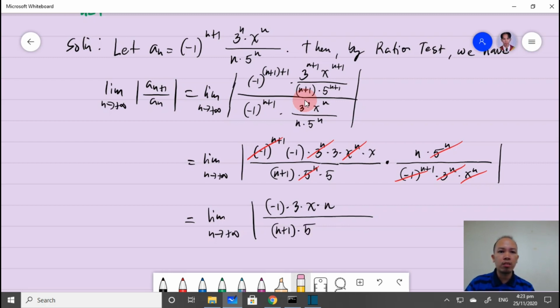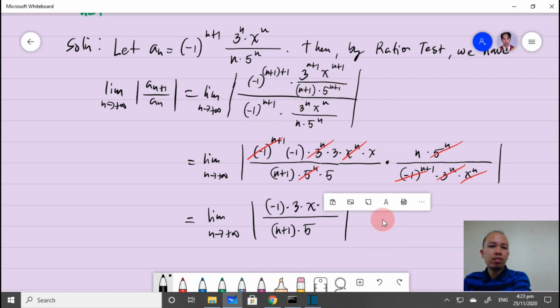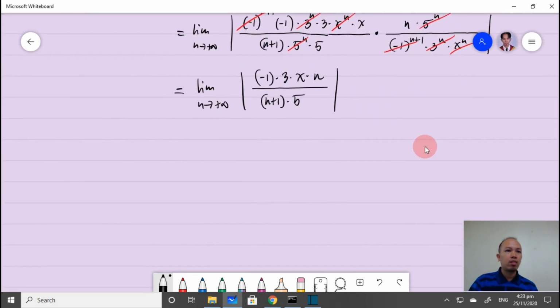So let's erase this one here. Sorry. So let's try to remove the absolute value. And we will keep the variable n on the left side.